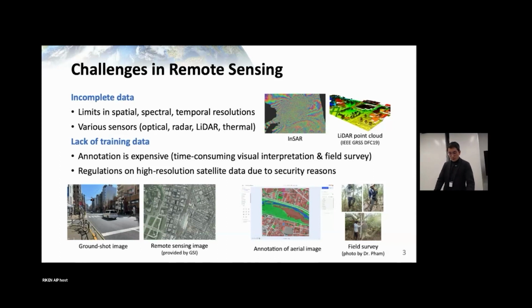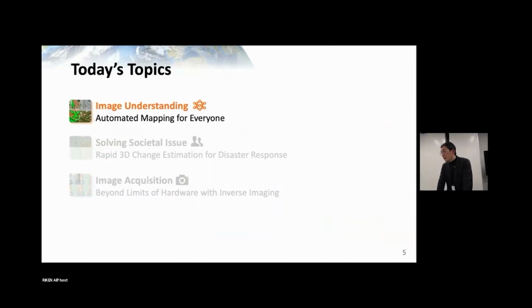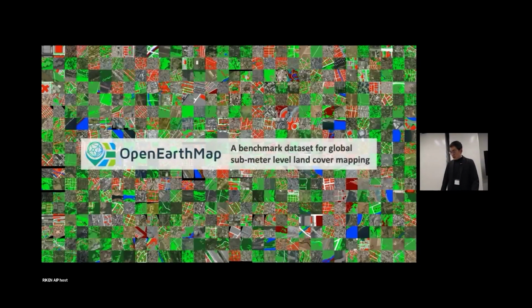So our group is working on addressing these challenges, and today I would like to introduce some of our activities through three topics. The first topic is about image understanding to enable automated mapping for everyone. Everyone means everyone from any place on this planet. Last year we published the benchmark dataset, the first dataset for global sub-meter level land cover mapping, which is named OpenEarthMap.